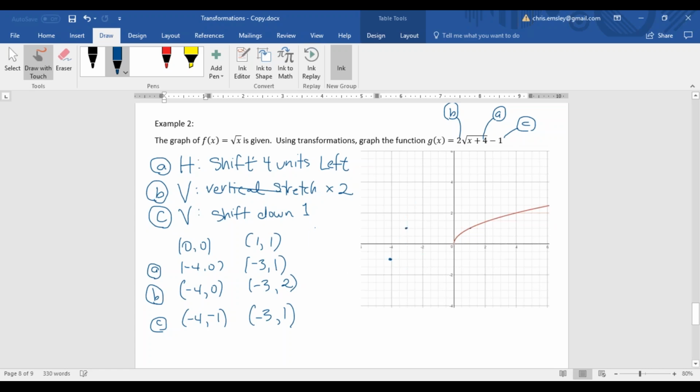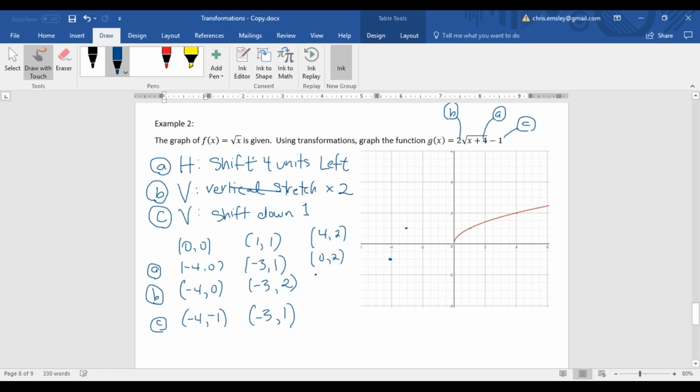And then maybe just one more point, make sure I'm sketching exactly what I need it to be. Oops, sometimes that pen just kind of jumps around on me. Okay, so another point on our original function is the point 4, 2. And if I take that point and apply these transformations, I shift it 4 units to the left, and that makes it 0, 2.